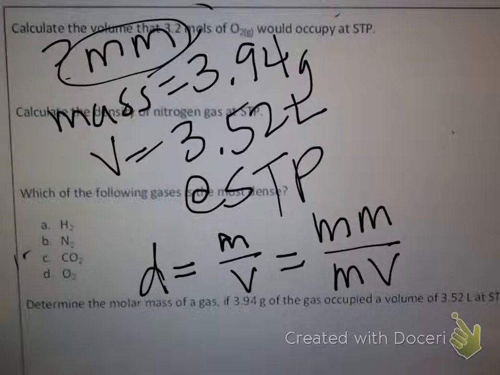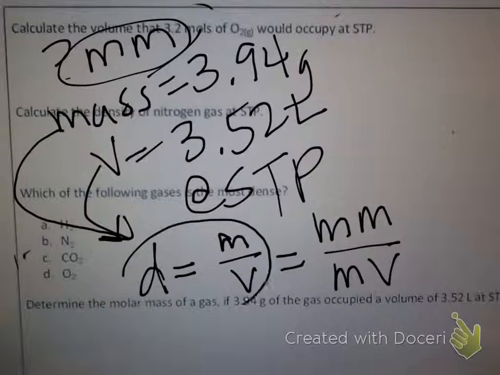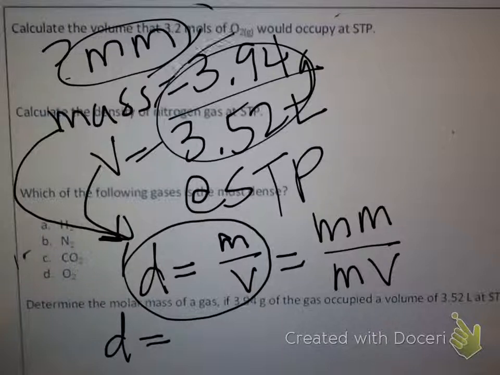Okay, so we're going to solve our problem here. Are we given the density of the gas? No, we're not given the density of the gas, but we can solve for the density of the gas because we're given mass and volume. So that's what I'm going to do first. I am going to solve for the density of the gas. So density equals mass, 3.94, divided by volume, 3.52.